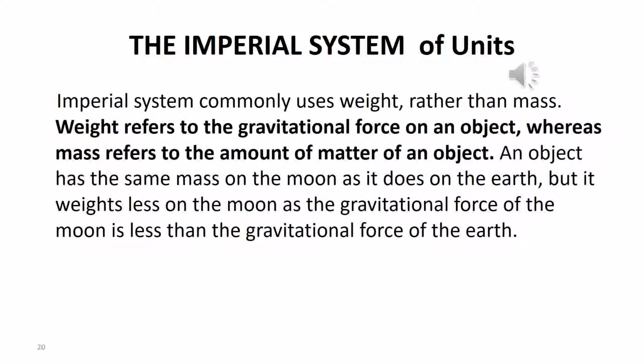Weight refers to the gravitational force on an object, whereas mass refers to the amount of matter of an object. An object has the same mass on the moon as it does on the Earth, but it weighs less on the moon as the gravitational force of the moon is less than the gravitational force of the Earth.